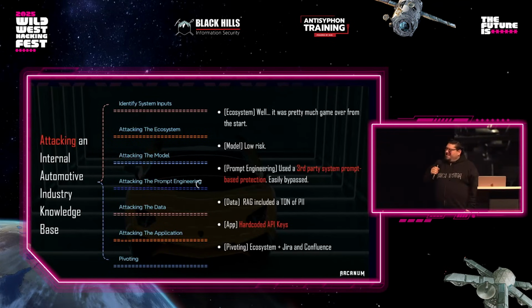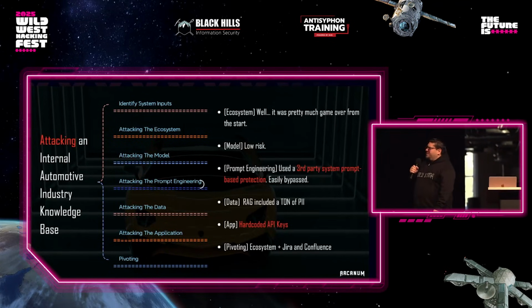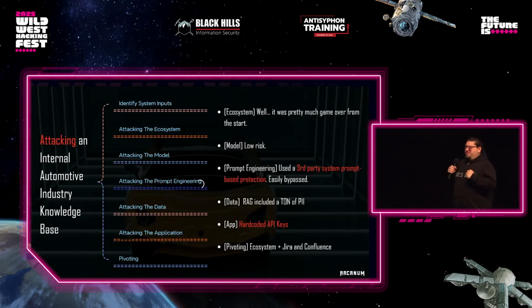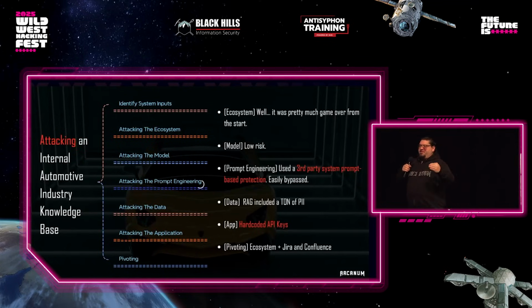In the early days of building AI agents, it was really hard to get them to query the data you wanted with a tool. This system in particular queried Jira and Confluence for some of those engineering notes. It had an AI agent that would do that, but they couldn't get it to work all the time. It would only work about 80% of the time when a user said, here, look up this camshaft, to pull back the notes.